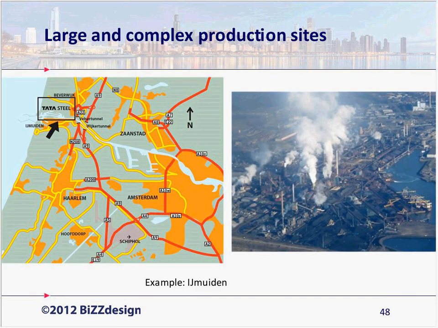If you look at the IJmuiden site on the left, where the factory is situated, it's a significant part compared to the city of Amsterdam. So it's a very complex site, with really a lot of IT. Don't underestimate that, because the processes in the factory are supported by IT.